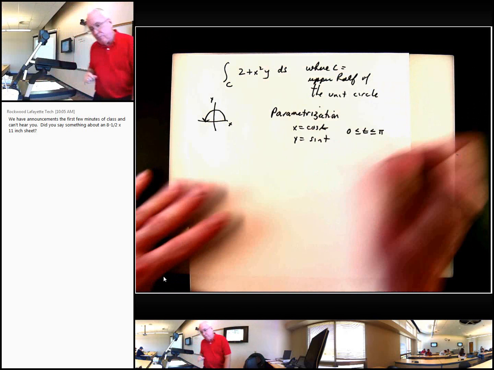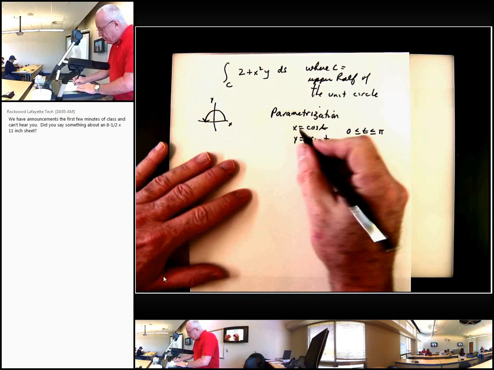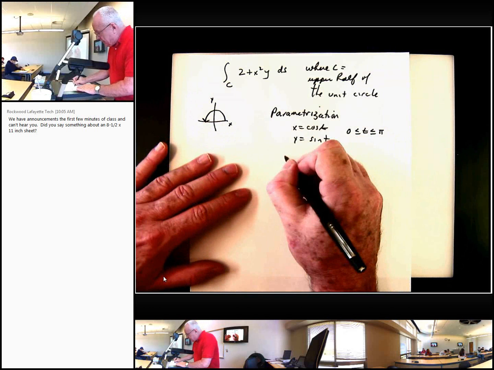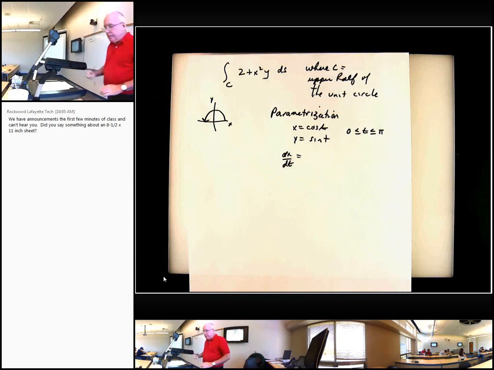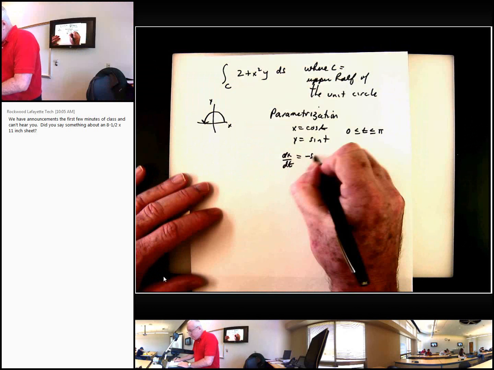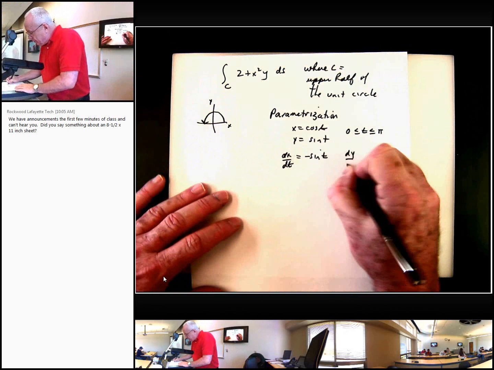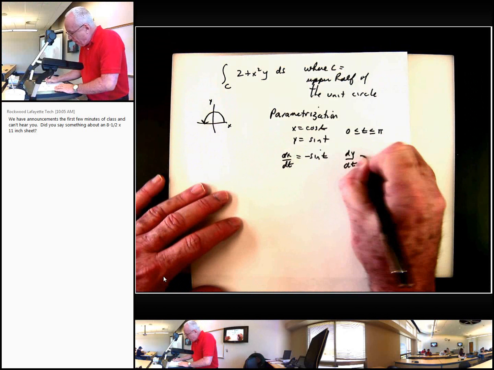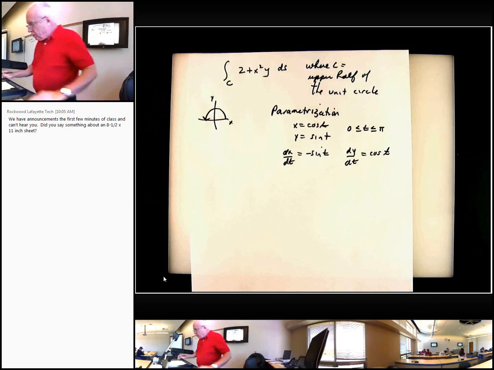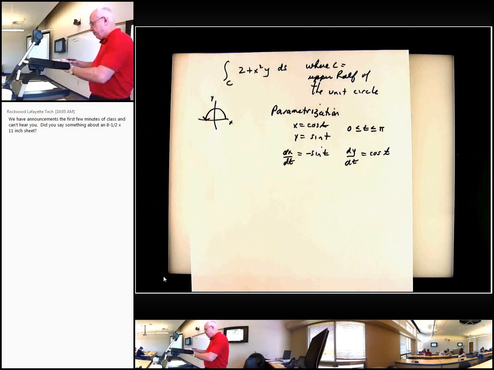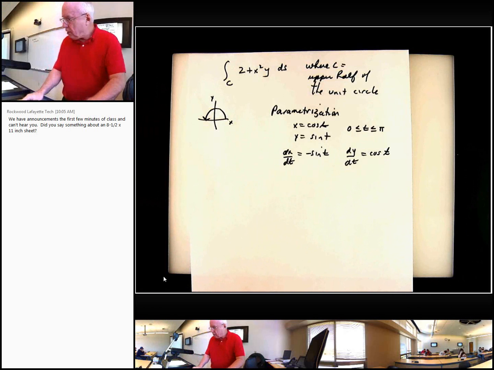All right. So while we're at it, let's figure out dx/dt, because that plays into our formula. dx/dt is minus sine of t, and dy/dt is cosine of t. All right. Okay. So, in fact, let me put this kind of up here.